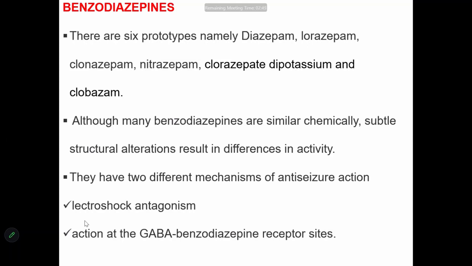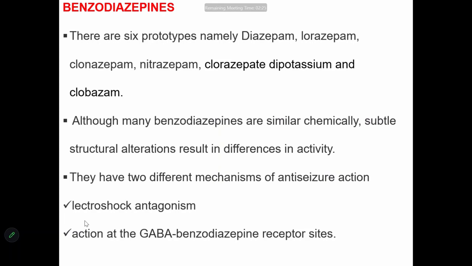When it comes to benzodiazepines, please read about the following. There are 6 prototypes which are important: diazepam, lorazepam, clonazepam, nitrazepam, clorazepate dipotassium, and also clobazam.